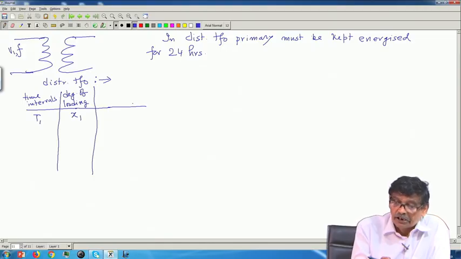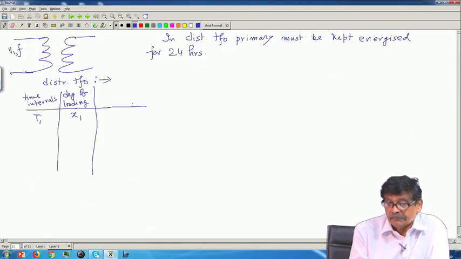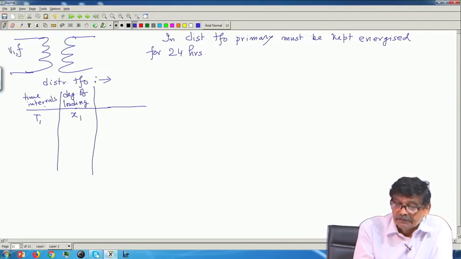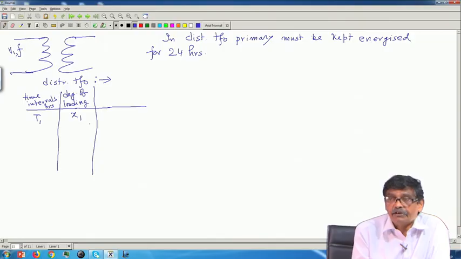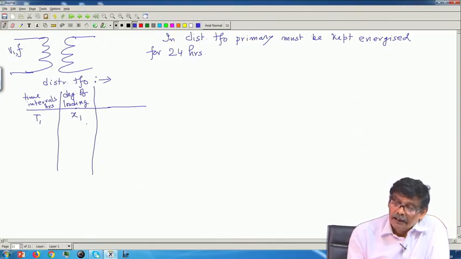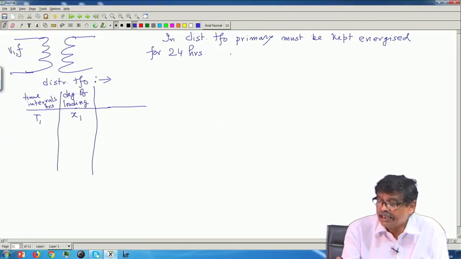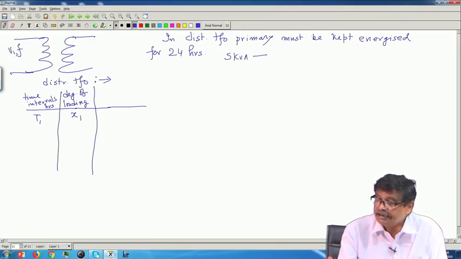T1 is in hours, x1 is the degree of loading, and S kVA is the rated kVA.